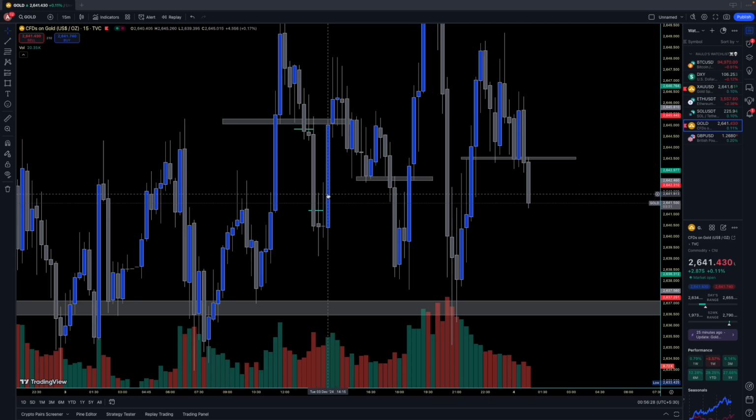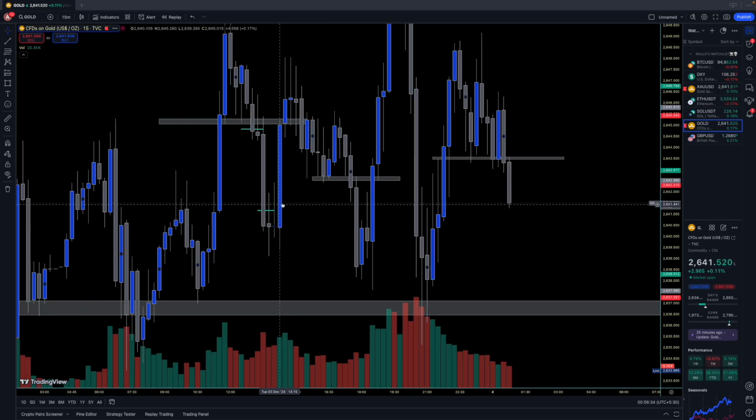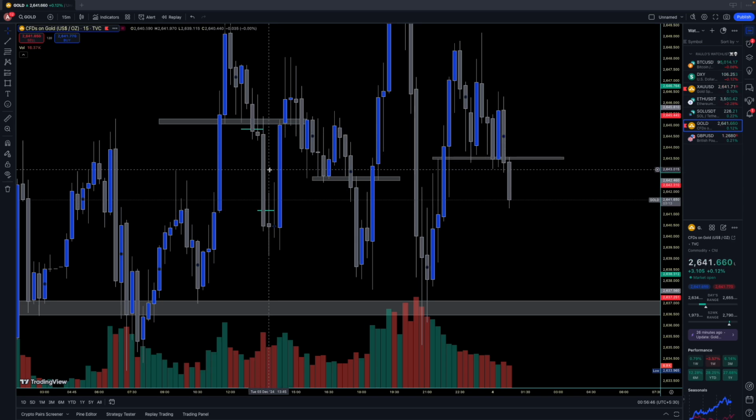The SL of the trade I added quantity to was around here, which was taken out by this bullish candle over here, because the trend has reversed. So I was stopped out of this trade around here, and my SL for the first order was around here, at a positive $23.